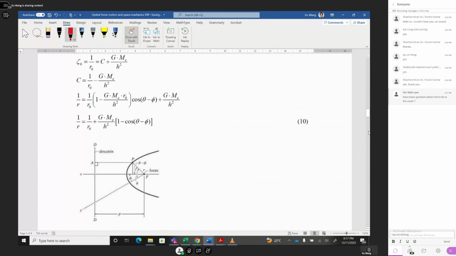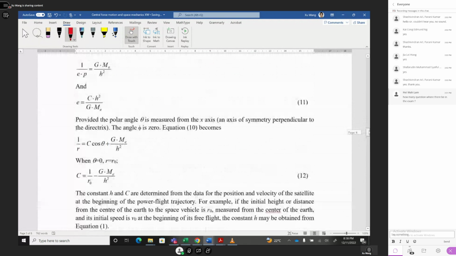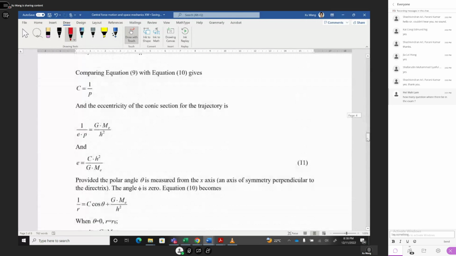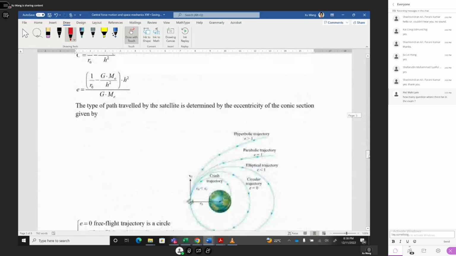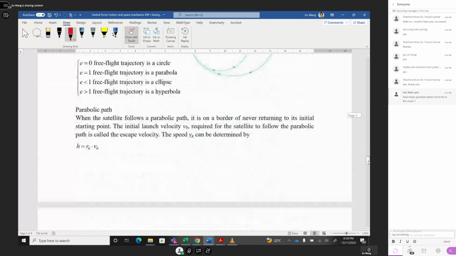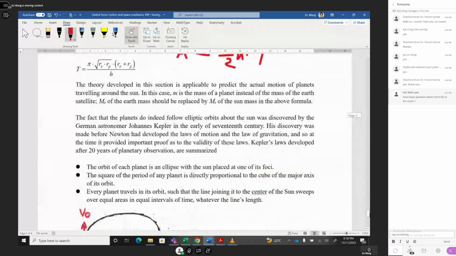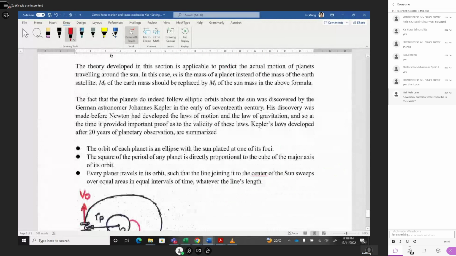That's the first observation, that the track is an ellipse. Kepler's observation is not based on this mathematical derivation, but on independent astronomical observation. This observation is already proved by our equation, right?